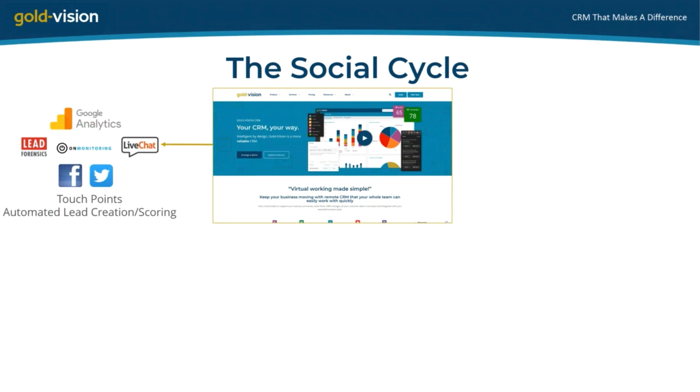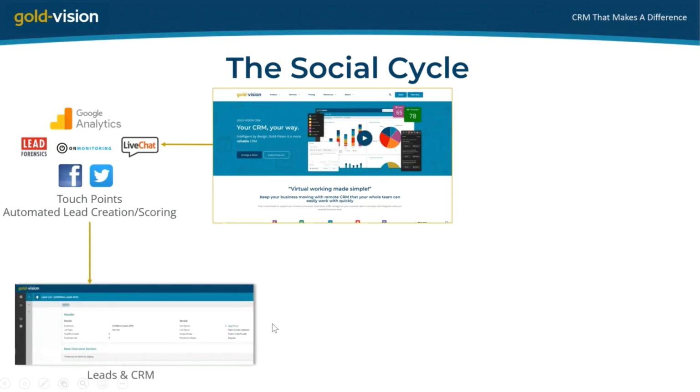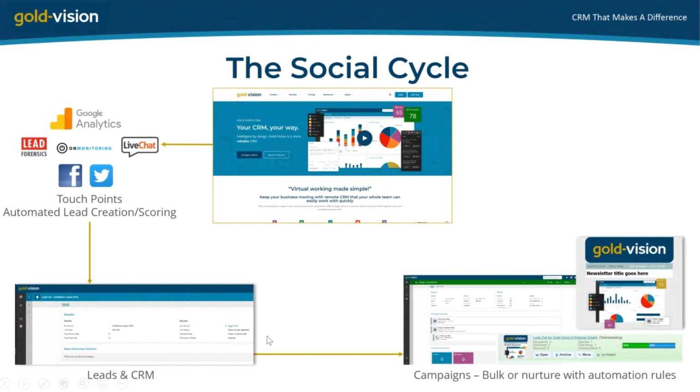So from visits to your website, use GoldVision to track whether this lead has either hit something like Lead Forensics, a web tracking tool, whether they've been on Facebook, your Twitter page. Capture that information as leads automatically by maybe applying a score. It may be that where someone has visited specific pages on your website and received a high score, that only then will they be added into your lead management area so that you can start to track these leads.